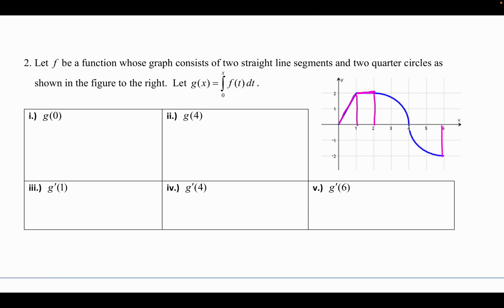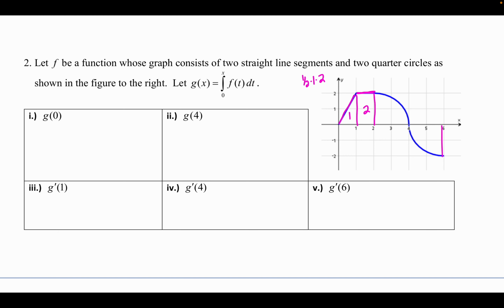So the area of this first section would be 1/2 base times height. So 1/2 base times height here would be 1/2 times 1 times 2. So this is just going to end up being 1. And then this is going to be 2.